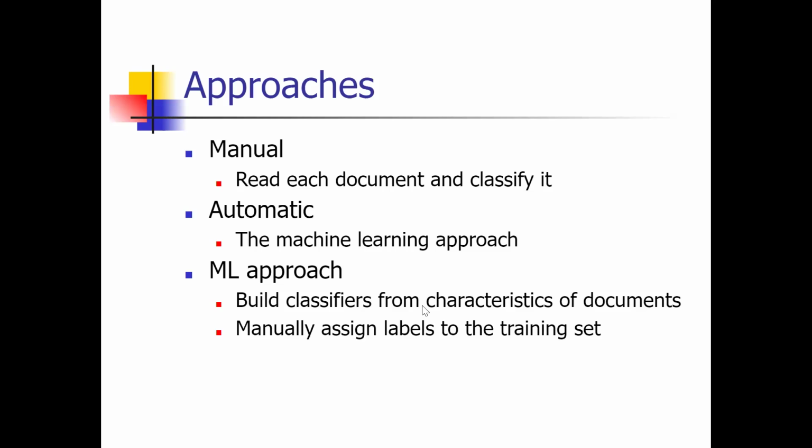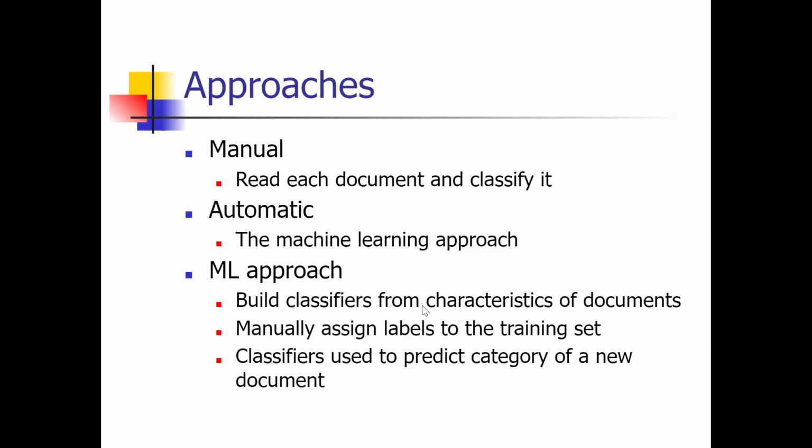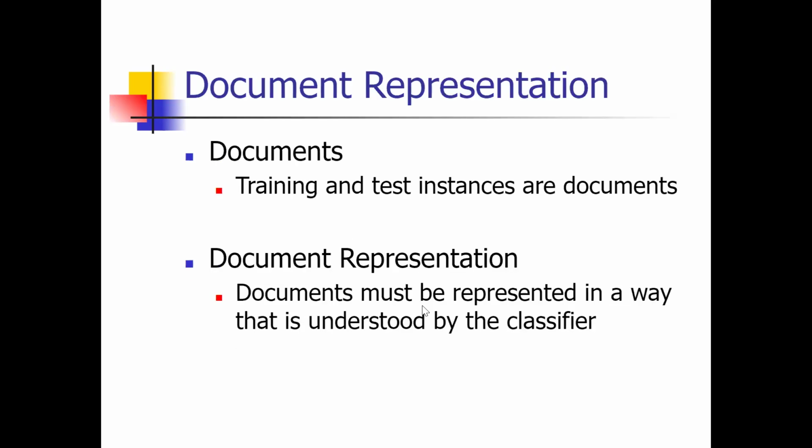Then you have to manually assign the labels to the training set. Of course, you have to have manual labeling for this. And then we need to classify to predict the category of the new document. Right, now let's focus on the documents. Like in training and test data sets, this time what we have is a set of documents.